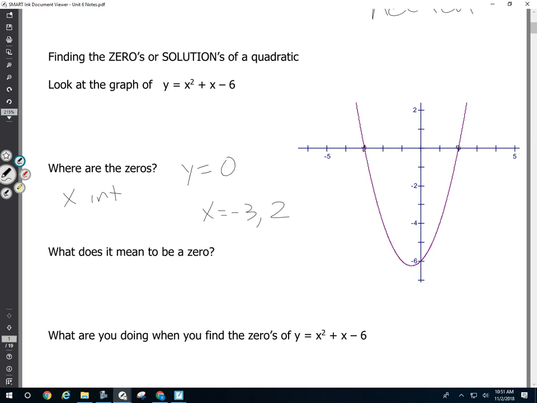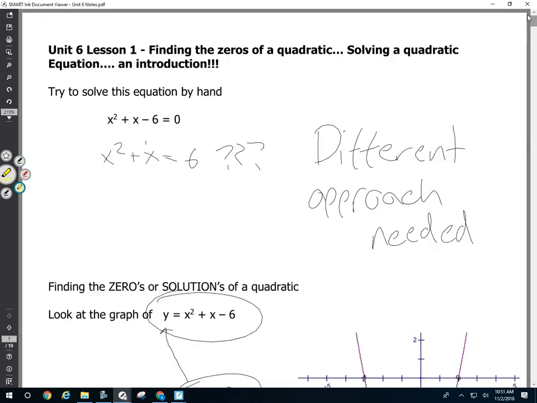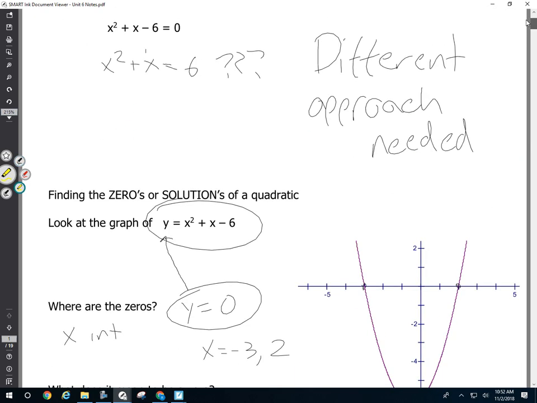Now, what does it mean to be a 0? Well, if the y's are 0, I have this equation. If my zeros are when y is 0, and I plug in 0 for y, I get 0 equals x squared plus x minus 6. So what we had at the beginning was the question, solve this.